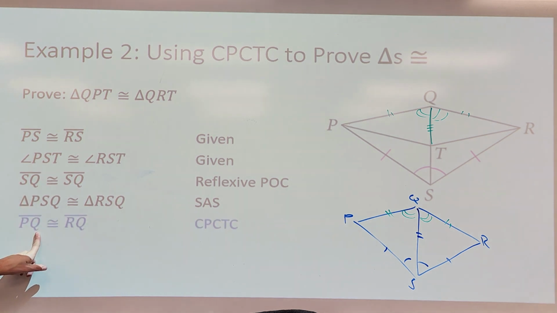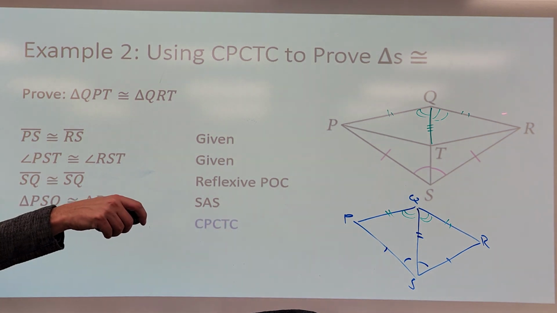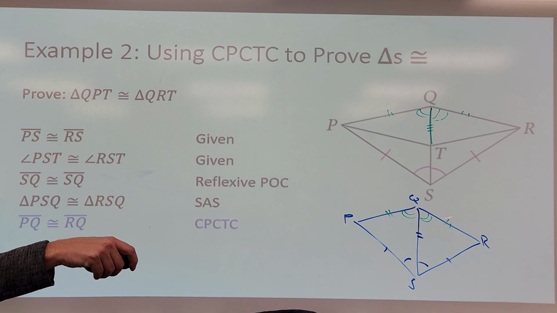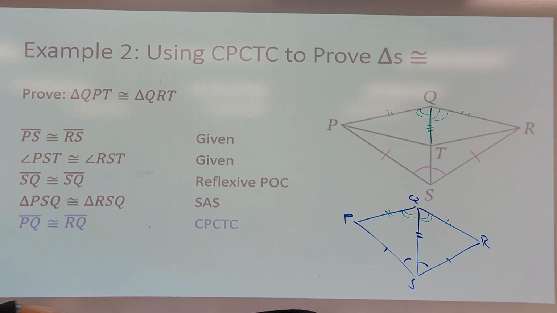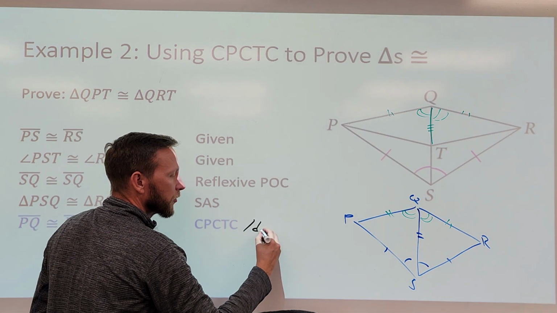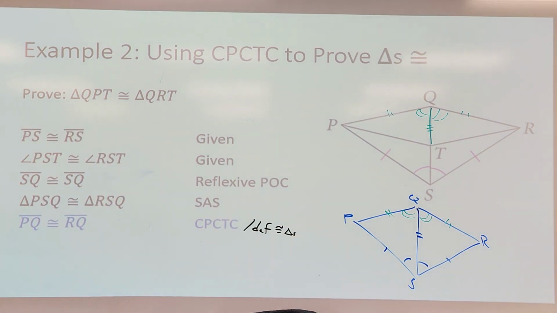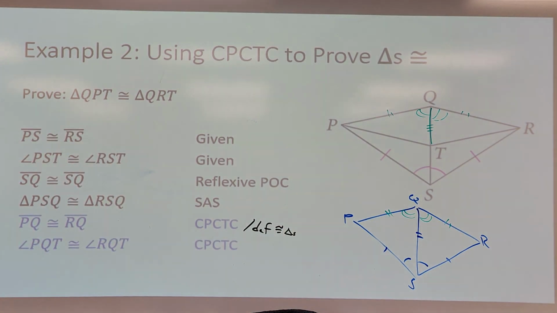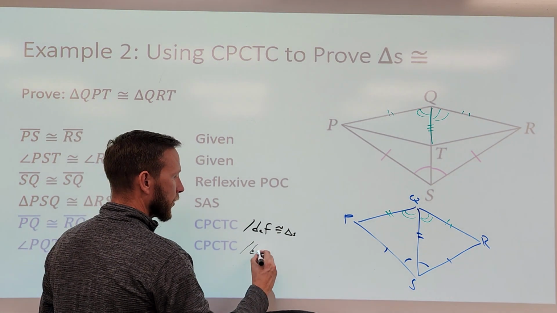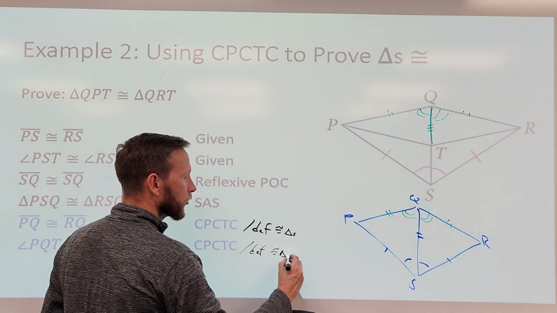And therefore, these two triangles are congruent using side angle side. So I'm going to say that PQ and RQ are congruent because that was from the definition of congruent triangles. If you don't like CPCTC, again, just a reminder, we've been writing definition of congruent triangles in class. We've also been writing CPCTC, but whatever floats your boat. Angle PQT at the top is congruent to angle RQT by the definition of congruent triangles.